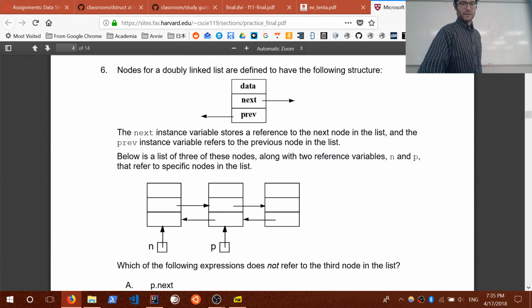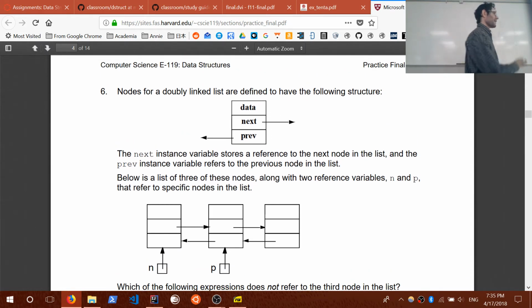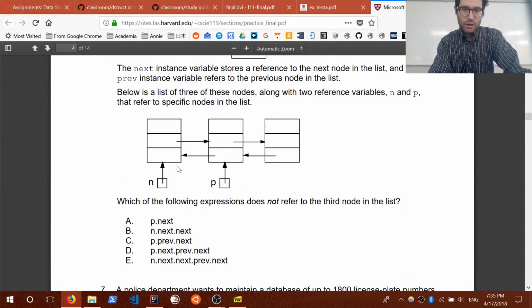Now, one of the questions from your first exam: suppose you have a doubly linked list, where the nodes look like this. You've got n, you've got p.